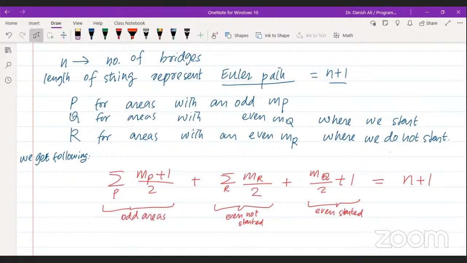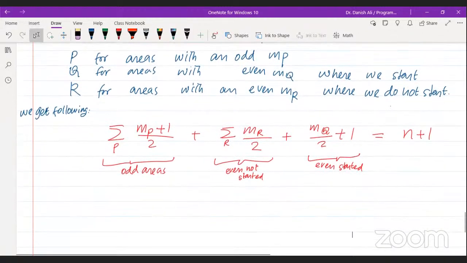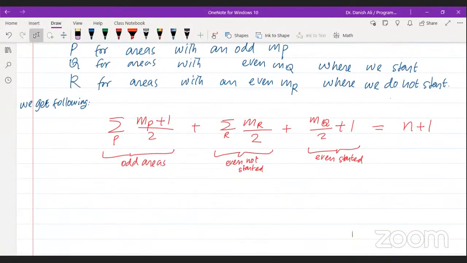So in other words, you are saying that an Euler path will exist if this equality is satisfied. So actually this gives us the necessary condition. This equality gives the necessary condition for the existence of an Euler path. Do you understand? Yes.